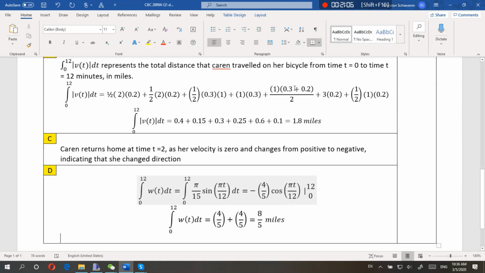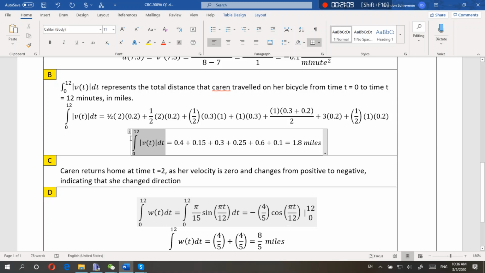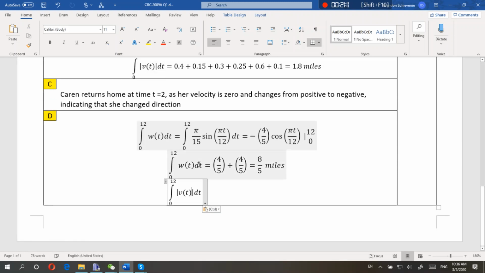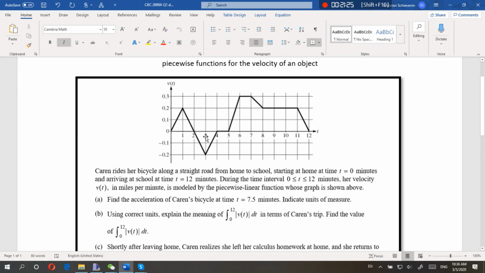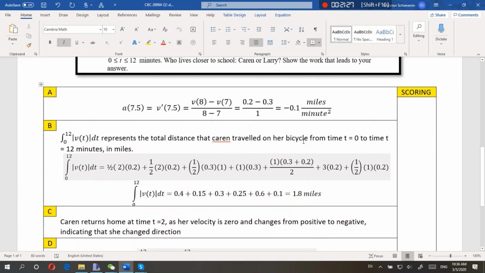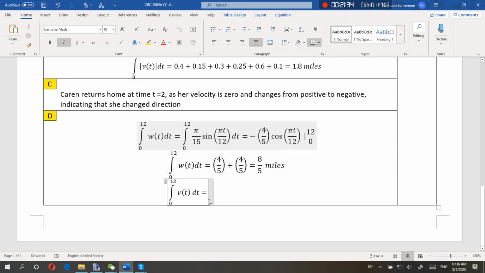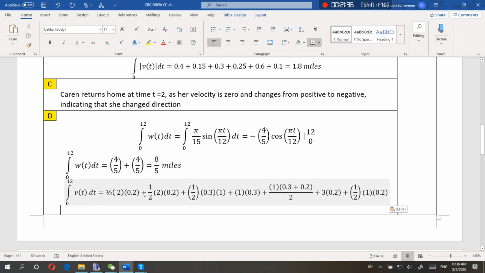Okay, and then we're going to do the same thing for our V of t. Now, our V of t, when I integrate without the absolute value, will be equal to everything that we had last time, except all of our negative areas will be negative this time. So I'm just going to copy this and then make that second triangle negative. Then we can re-add everything.